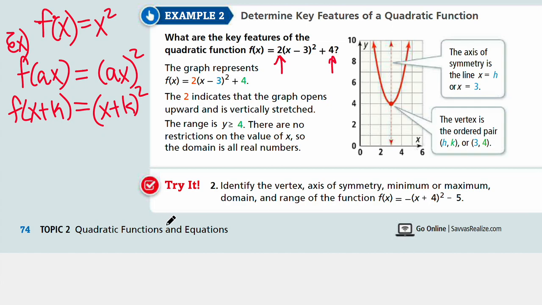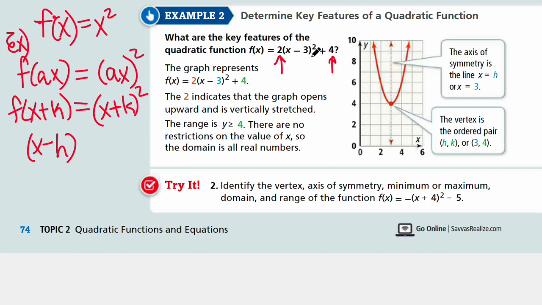transformations of a function. Knowing that, we can easily find that the graph from the parent function is going to be vertically stretched by a factor of 2, and it's going to translate up 4 units and to the right 3 units. Because for x, if you subtract your h, then it means you're adding.